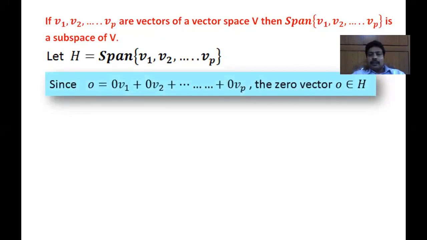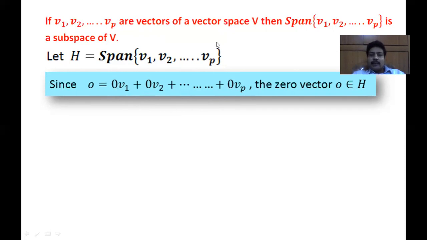Then again, as earlier we have discussed, span of V1, V2, Vp is the set of linear combinations of these vectors, and by the properties of vector space, this must be a subset of V. And since the zero vector can be written in the form 0v1 plus 0v2 and so on 0vp, as we have seen in the case of two vectors, it is a linear combination of all these vectors.